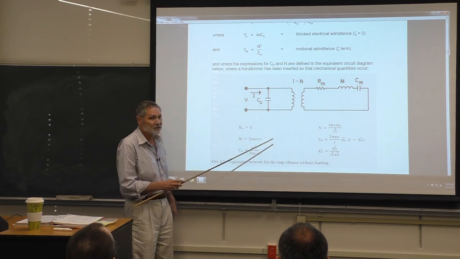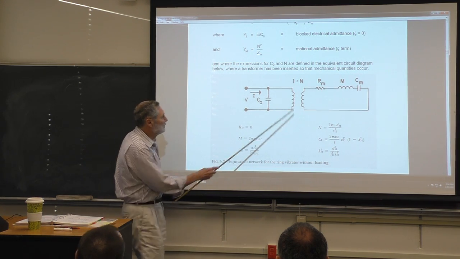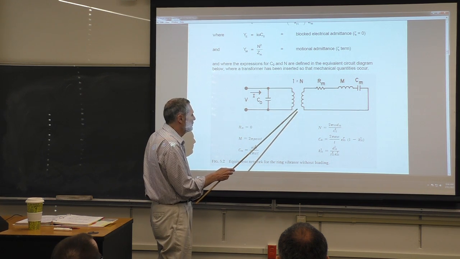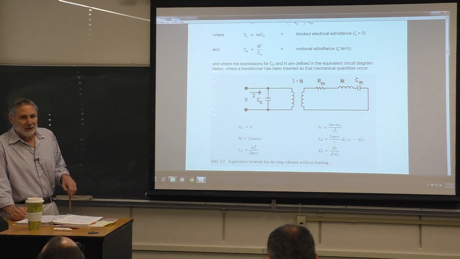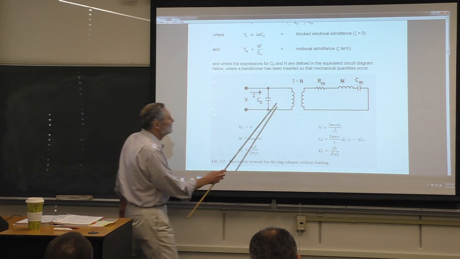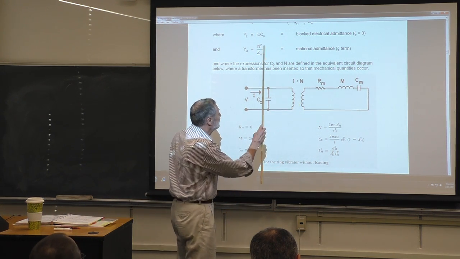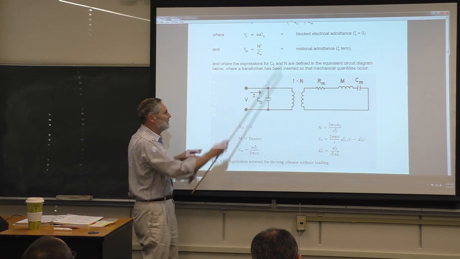It's analogous to an inductor, of course, but I think he wanted to be consistent here. So he threw a transformer in, and transducer people throw transformers around all over the place because a transducer is a transformer, as we've discussed. So this turns out to be the equivalent circuit, and if you work with it, you'll see it's equivalent to this.